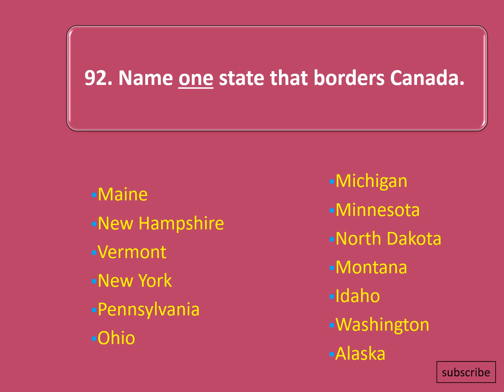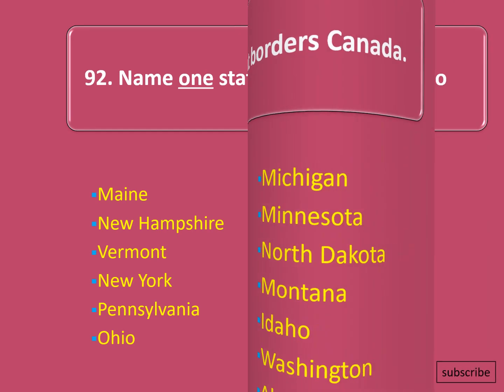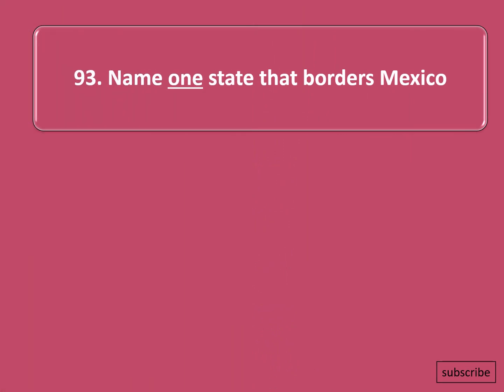Montana. Idaho. Washington. Alaska. Name one state that borders Mexico. California. Arizona. New Mexico. Texas.